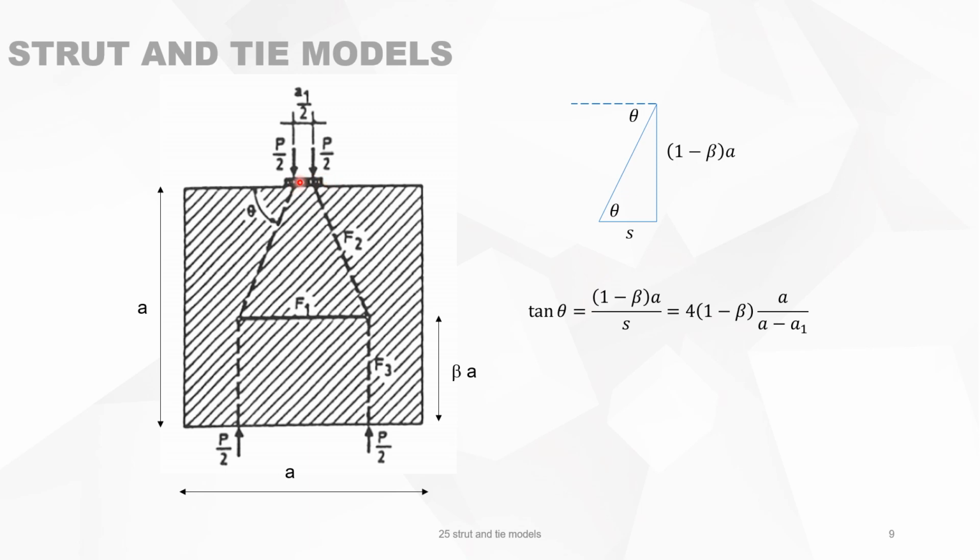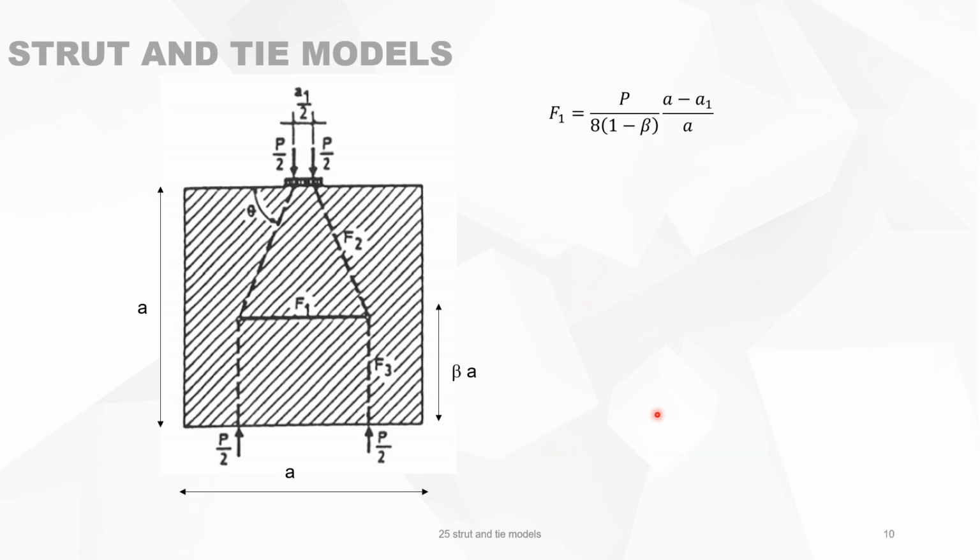A1 is the width of the support. The tension force in the tie is P over 2, the total load divided by 2, divided by tangent theta, and tangent theta is this, so we have this type of formula.